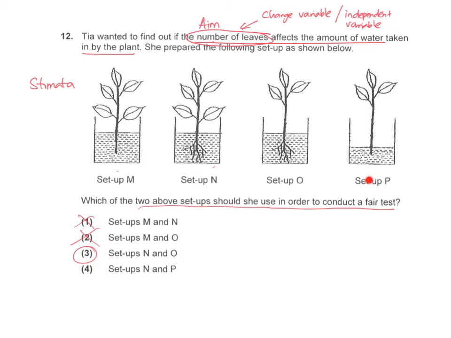N and P. Now, N has a different number of leaves. It has no roots, the roots are gone. And the water level is also different. So there are 3 different changes that have been made in this setup. So you would expect that it is not going to be a fair one. So we cannot allow these 2 setups to be used. So the answer is 3.